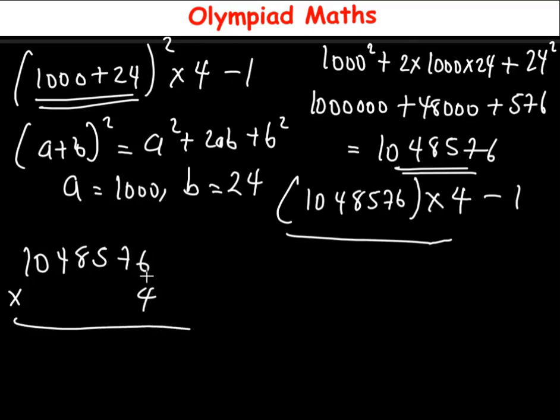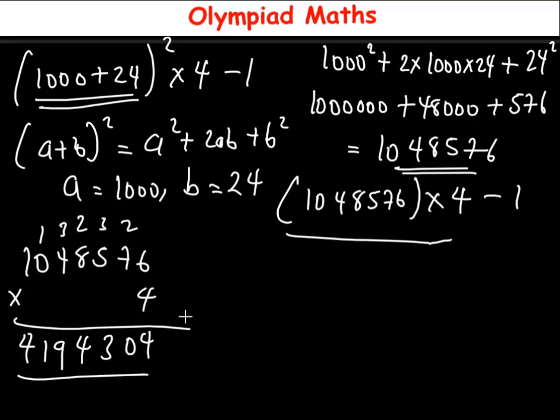Now 4 times 6 is 24, write 4, carry 2. 4 times 7 is 28, plus 2 is 30, write 0, carry 3. 4 times 5 is 20, plus 3 is 23, so 3, carry 2. 4 times 8 is 32, plus 2 is 34, so 4, carry 3. 4 times 4 is 16, plus 3 is 19, so 9, carry 1. 4 times 0 is 0, then you have 1, so 1. 4 times 1 is then 4.